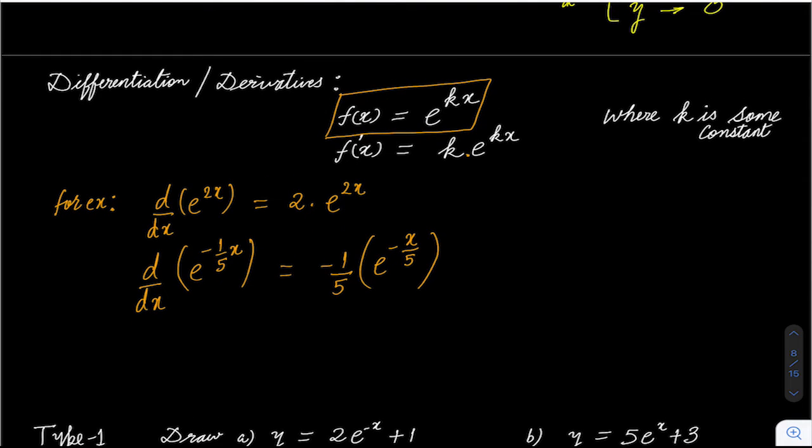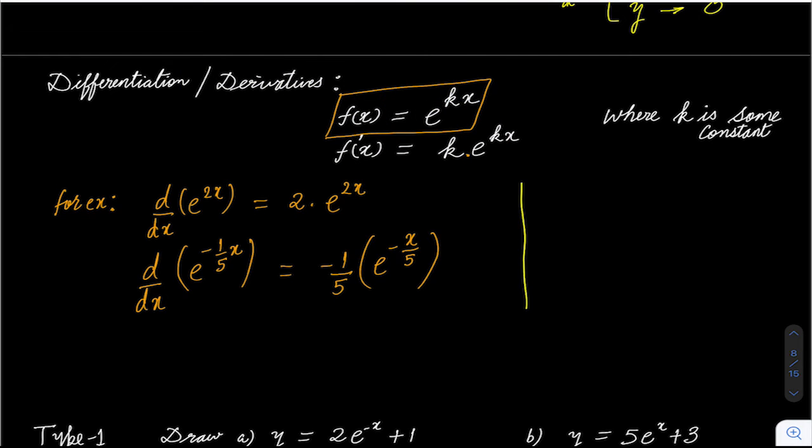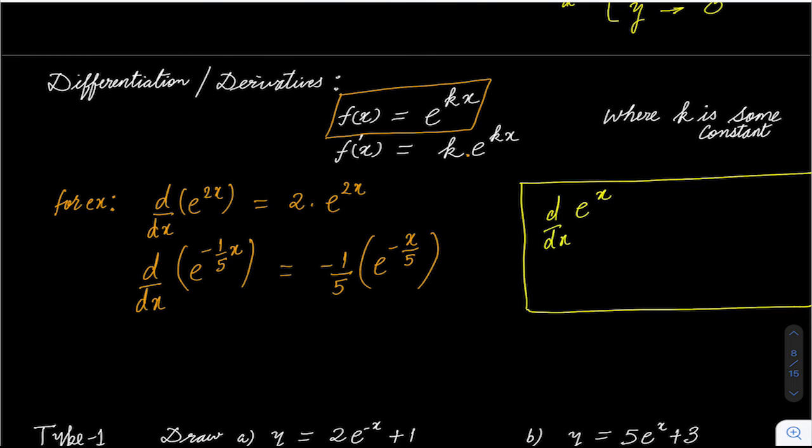Now, one thing that I have observed is what students make a mistake on: they consider e power x or a power x to be the same as a polynomial function. For example, sometimes I have seen students write this: differentiation of this is x e power x minus 1. No, it's not this. This is an exponential function, not a polynomial function.